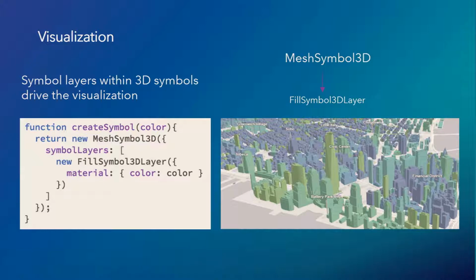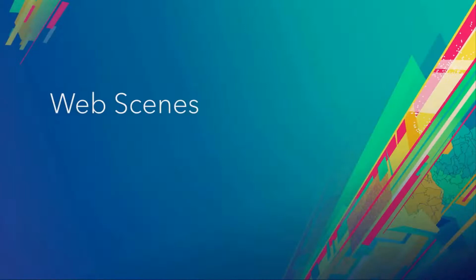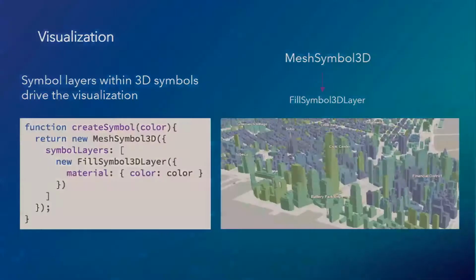But in this example, we kept it simple. So for a scene layer with buildings, you would have a mesh symbol with the fill symbol layer where you can pass in the color, or there's another property that allows you to specify how it should interact with the texture. Should it multiply the texture with the color, or should it remove the texture? A bunch of handy properties like that. And with that, I'm going to pass it on to Russ to talk about web scenes.